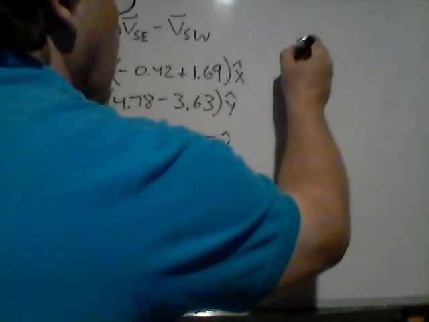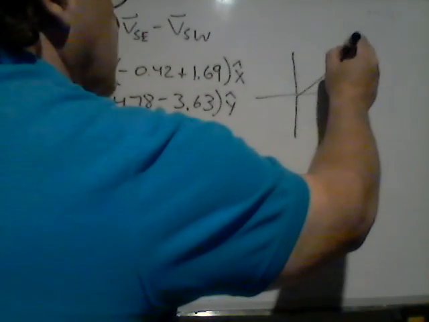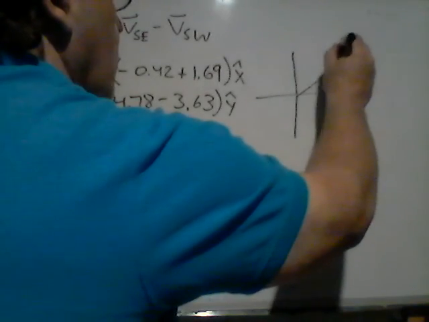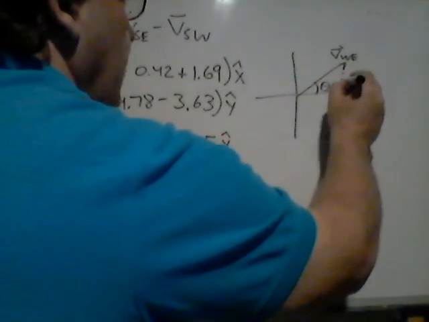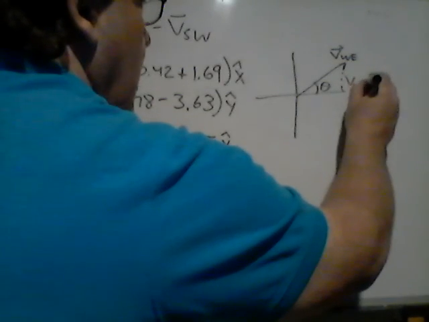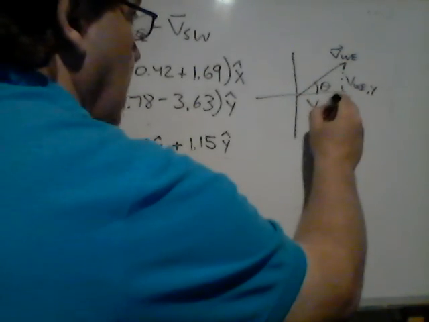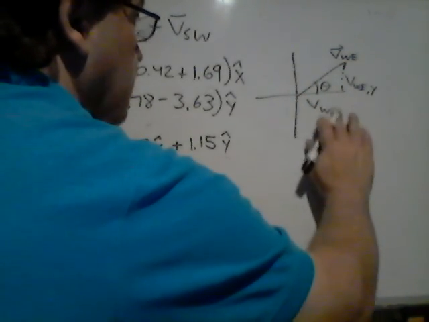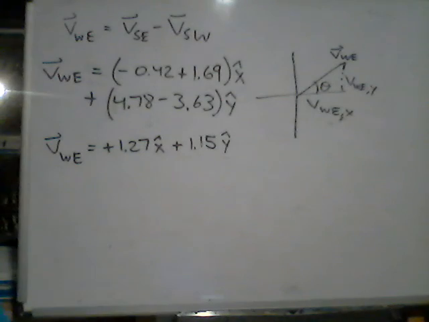Let me do this again. V sub WE, first quadrant vector. I want to determine theta. This is V sub WEY, and this is V sub WEX. I need to use the usual way of using the Pythagorean theorem and the inverse tangent to finalize this answer.